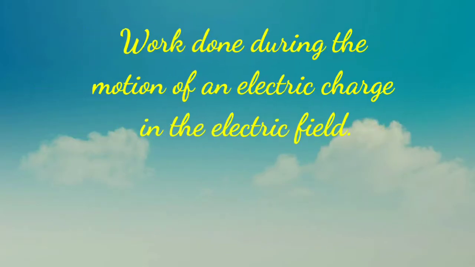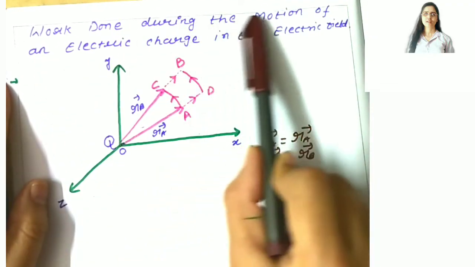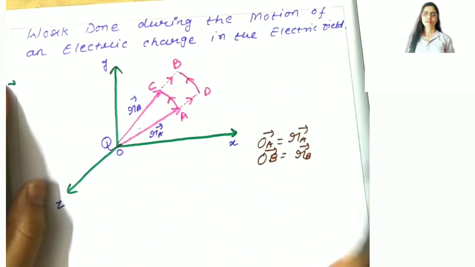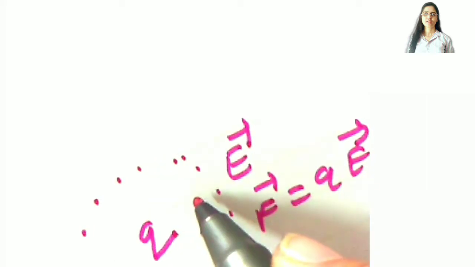Let's start. Work done during the motion of an electric charge in the electric field. We had seen in chapter 1 that when an electric charge Q is placed at a point in an electric field vector E, a force vector F equal to Q into vector E acts on it.